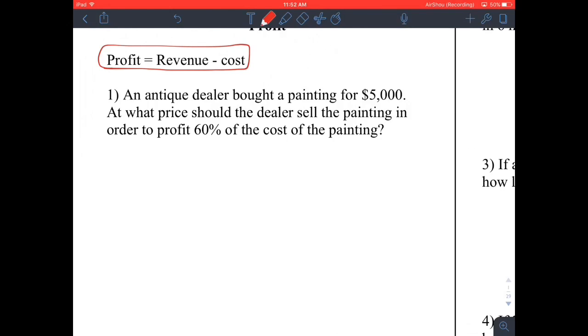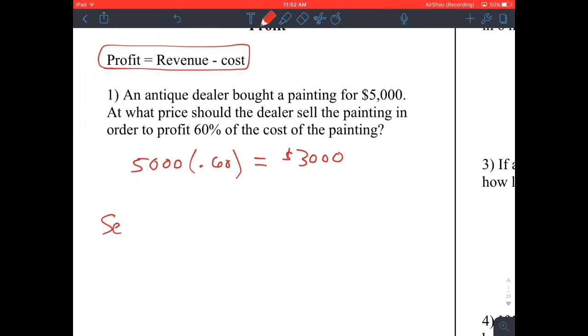But if they bought it for $5,000 and they want to make 60% more than that, we're going to multiply that by 0.60, and that's going to give us $3,000. So 60% of 5,000 is $3,000.